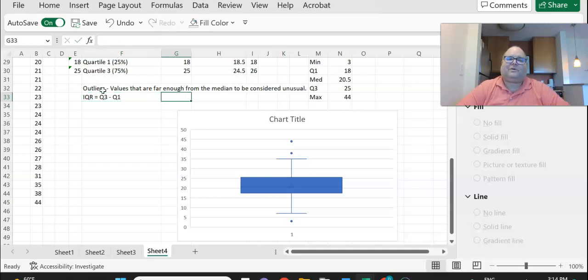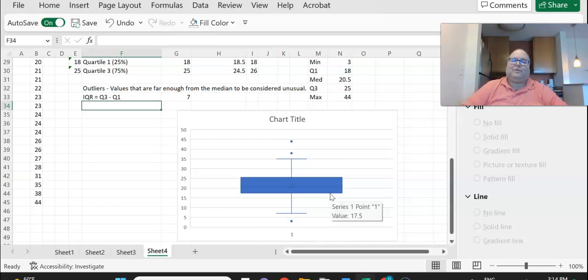In this case, our interquartile range is 25 minus 18, or 7. So there is a 7-point gap between our 25th percentile and our 75th percentile. But that still doesn't help us explain our outliers.